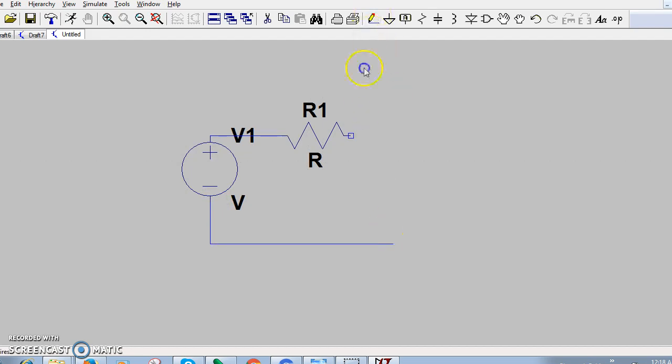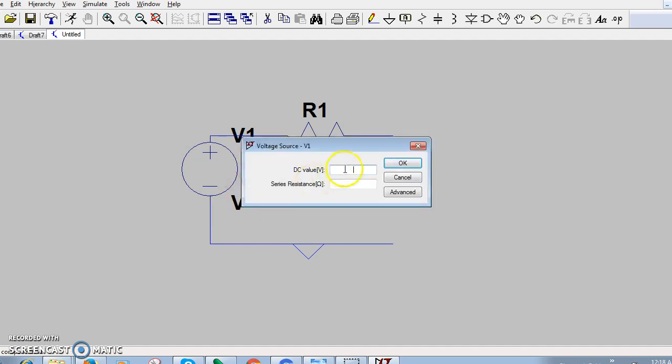A small extension, and then let's ground this. Okay, so by setting the values, this is the Thevenin equivalent circuit.